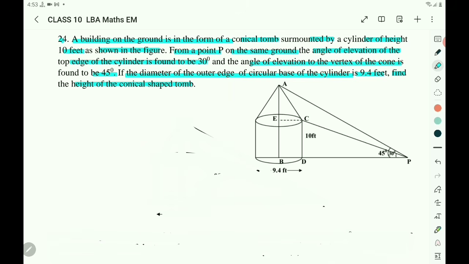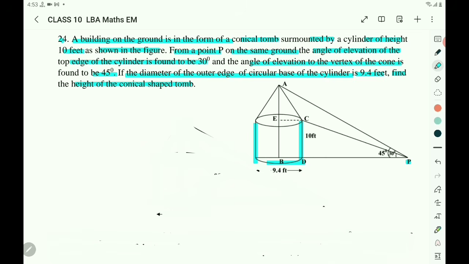Here the building is in the form of conical tomb surmounted by a cylinder. Cone is on the cylinder. Conical part is on the cylindrical part. This is the cylindrical portion and this is the conical portion. Next, what is given? From a point P. P is a point on the ground.